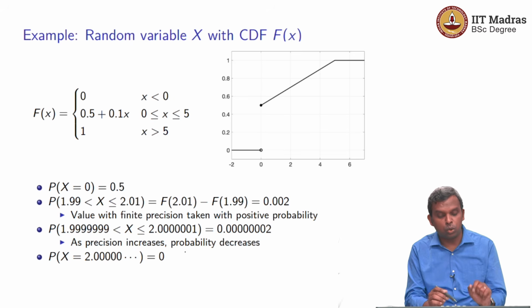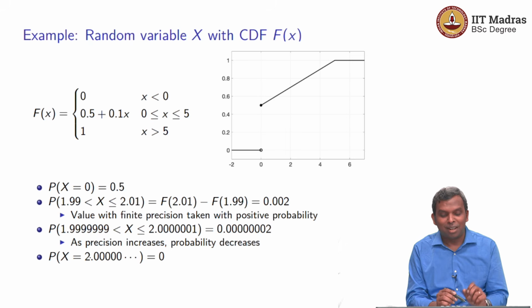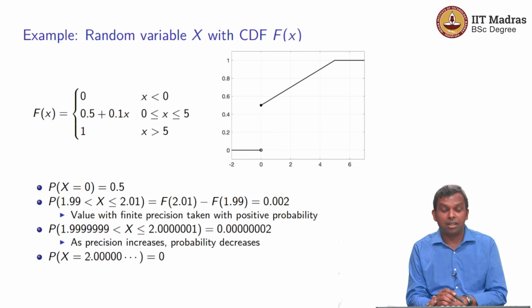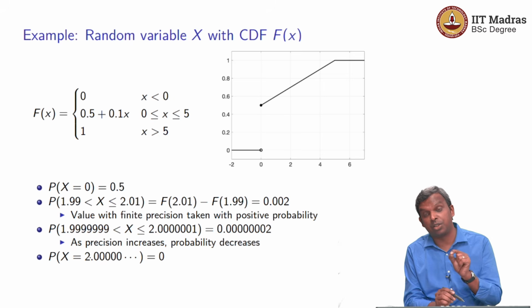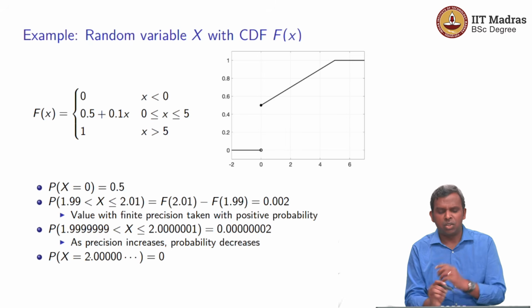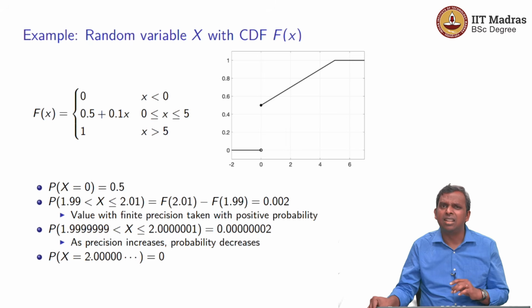The value 2 is actually in the interval 1.99 to 2.01. x can take a value in the interval with probability 0.002, but the probability that x takes the value exactly 2.000 with infinite precision is actually 0. We don't associate a positive probability with individual values taken in the interval. So this is one confusing thing in the theory.